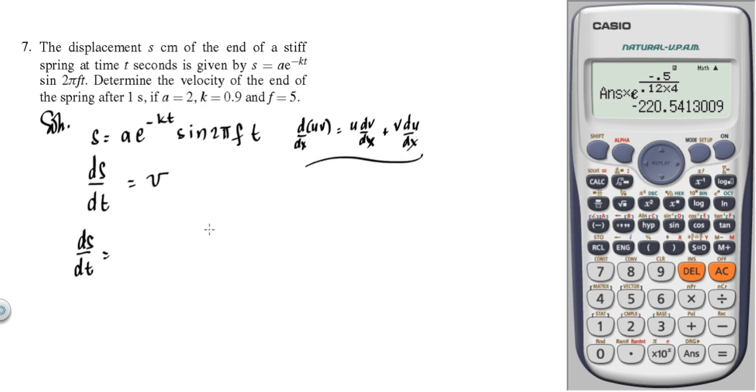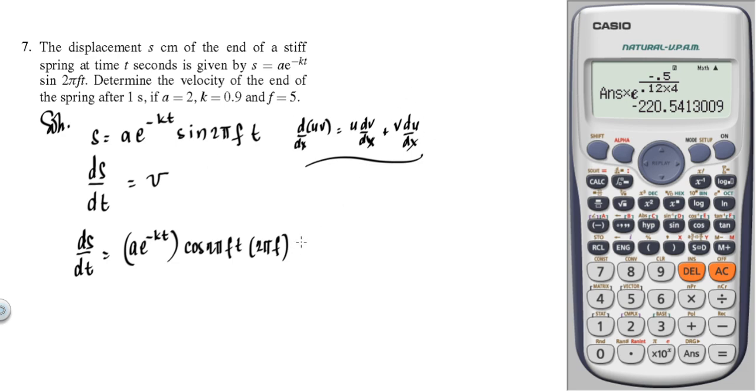There. So, product of two functions. Okay. So, copy yung first. So, we have here A e raised to minus kt, then derivative of sine 2 pi ft. So, we have cosine 2 pi ft. Then derivative of 2 pi ft with respect to t is 2 pi f. Okay?